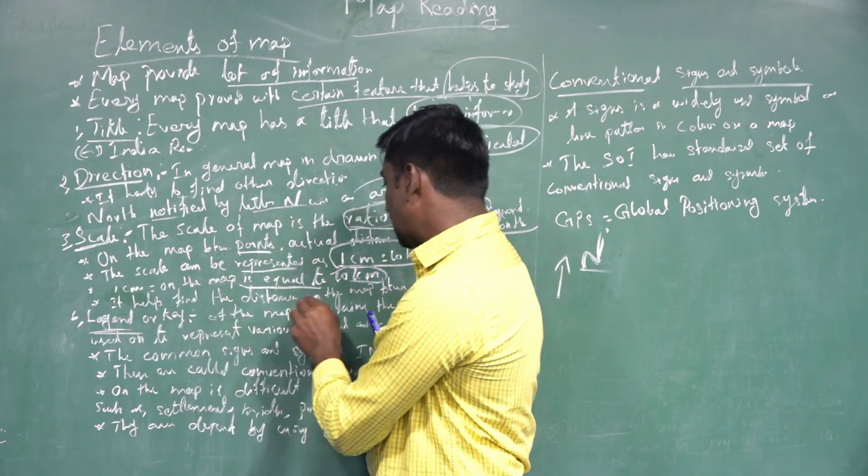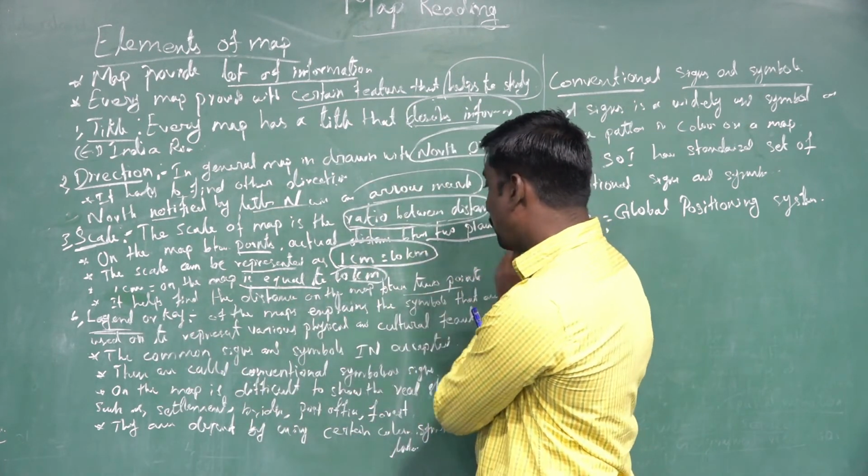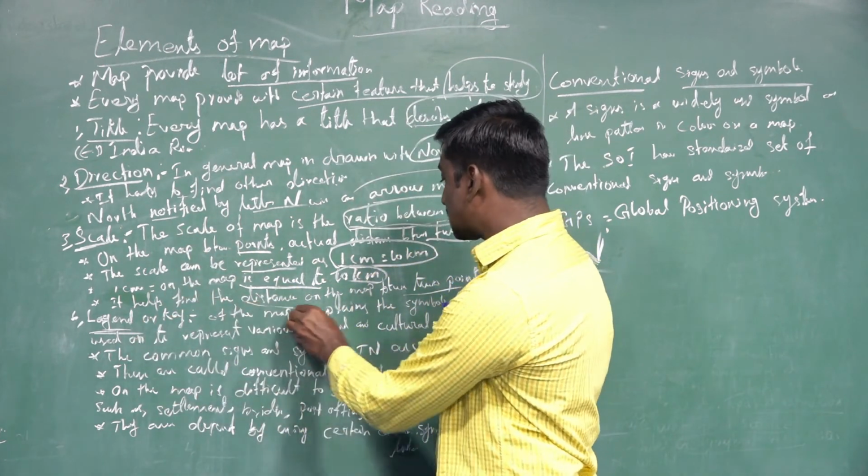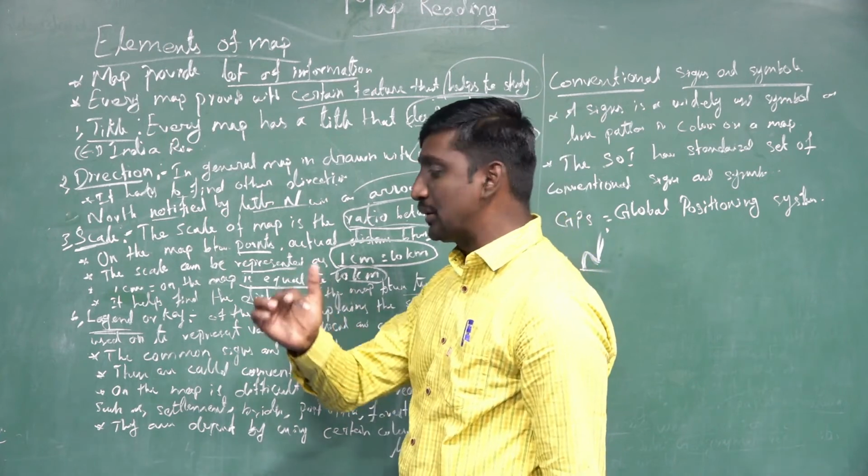It helps to find the distance between two points on the map. The scale is very useful for finding the distance from one place to another place on the map.